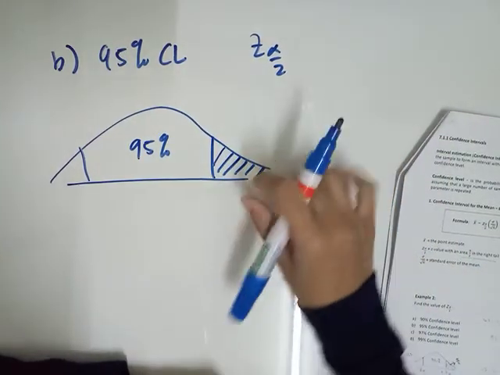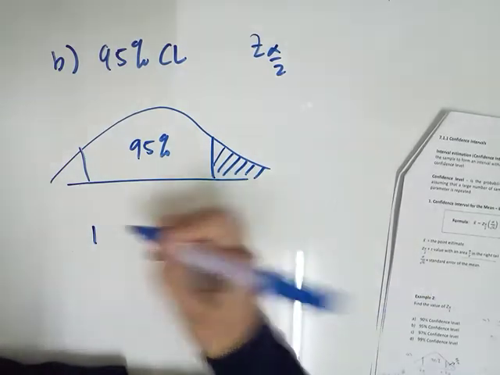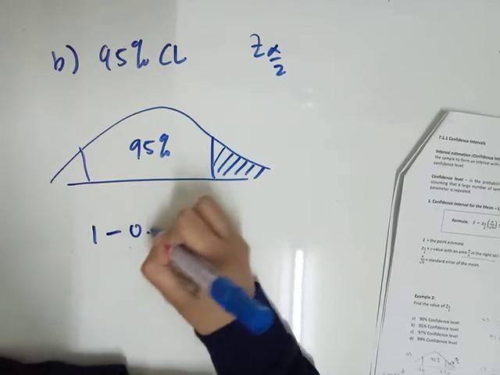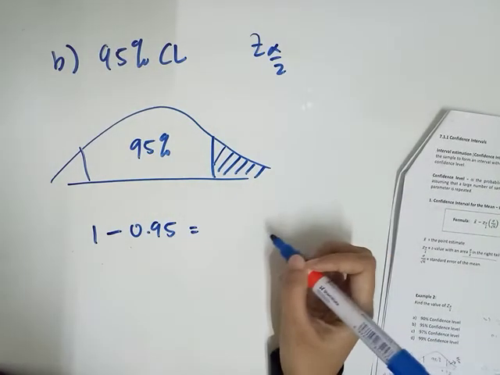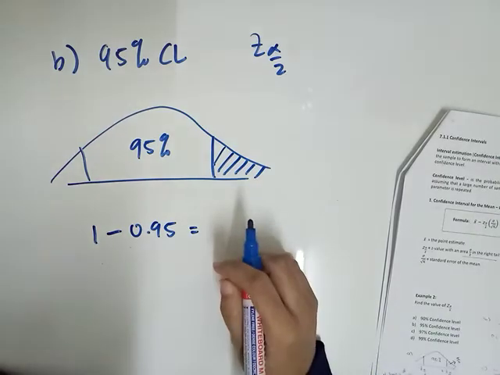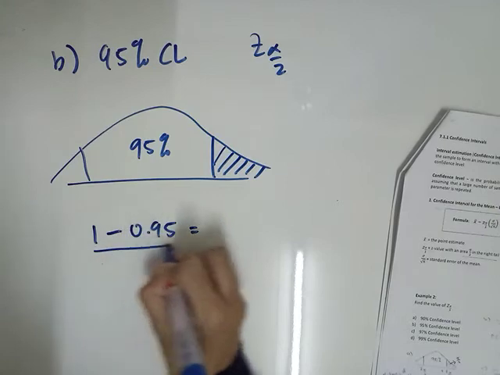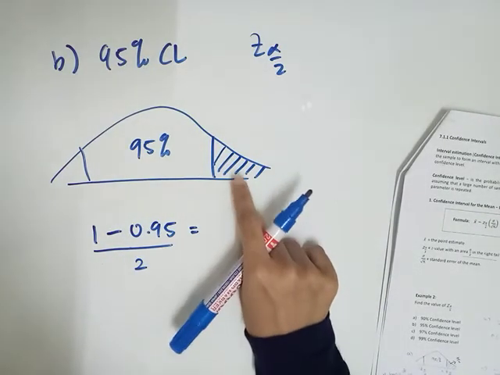How to find it? We know that the total area equals 1, then you have to minus 0.95, since 95% is 0.95. So 1 minus 0.95, and then you have to divide by 2, because we only need the area in the right tail.